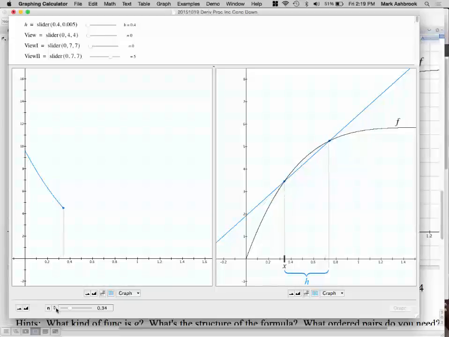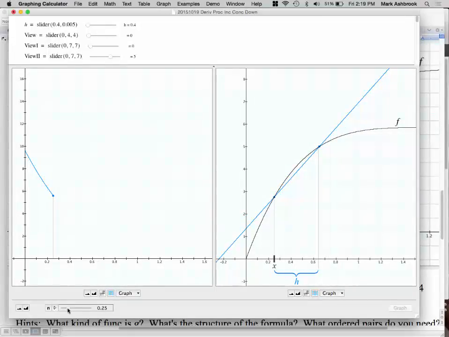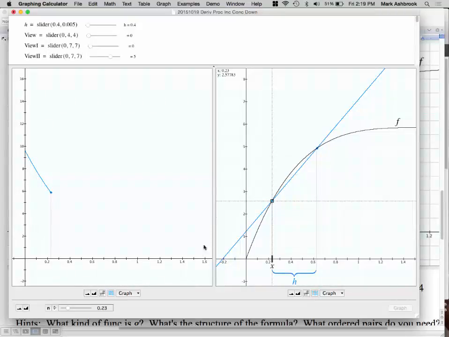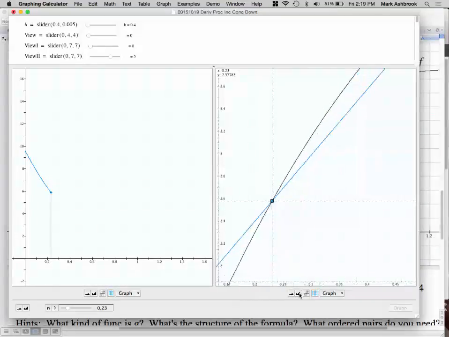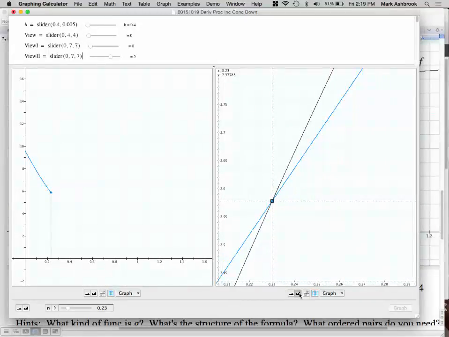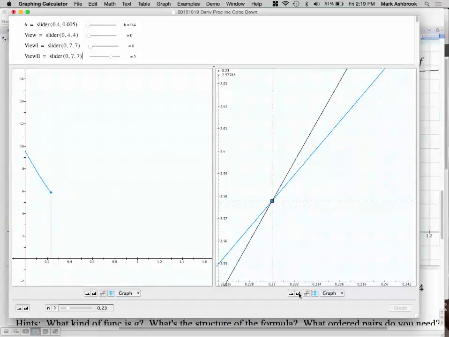Everyone think exact? Let's take a look. What is this point right here giving? This y value is giving the rate of change of this blue line right here. Is the rate of change of the blue line the exact rate of change of the original accumulation function at that point?